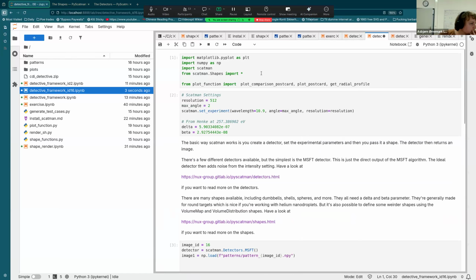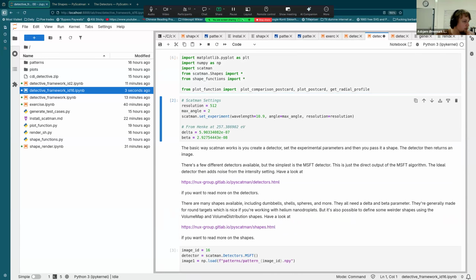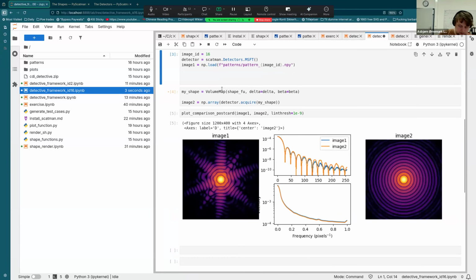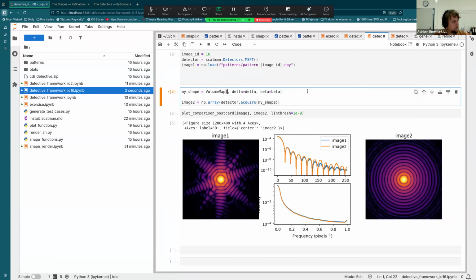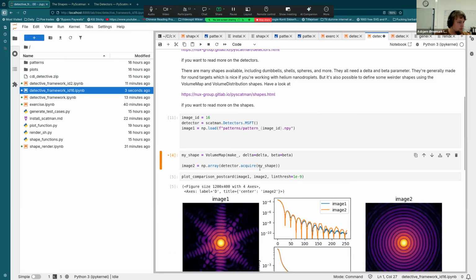I don't think I did. No. Another parameter that most of these shapes have, make icosahedron.